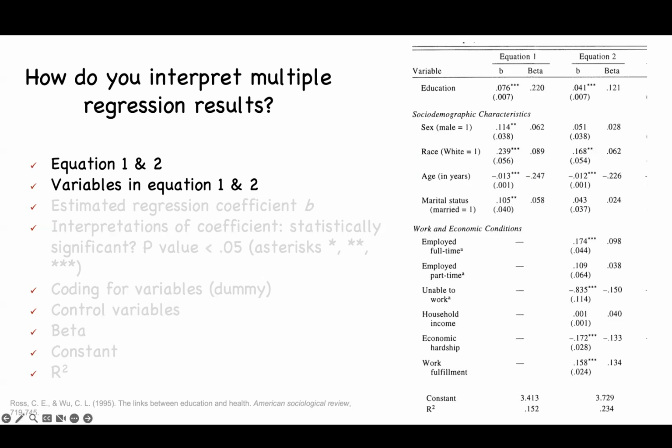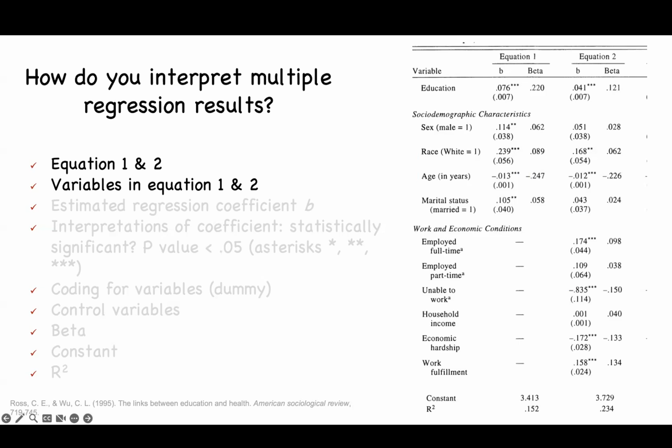In this table, we see results from estimating two different regression equations. For both equations, the dependent variable, self-rated health, is a respondent's subjective assessment of their general health, coded as 1 very poor, 2 poor, 3 satisfactory, 4 good, and 5 very good.